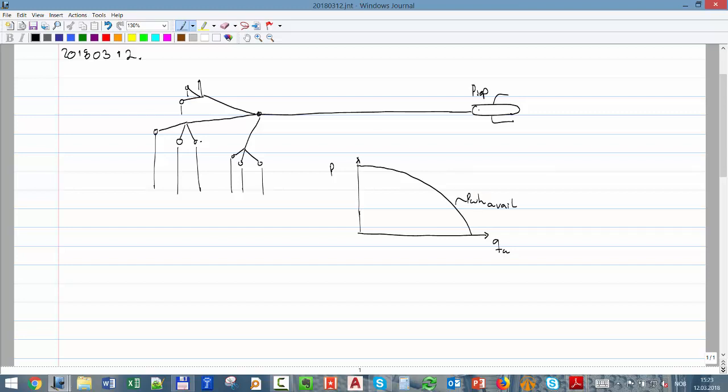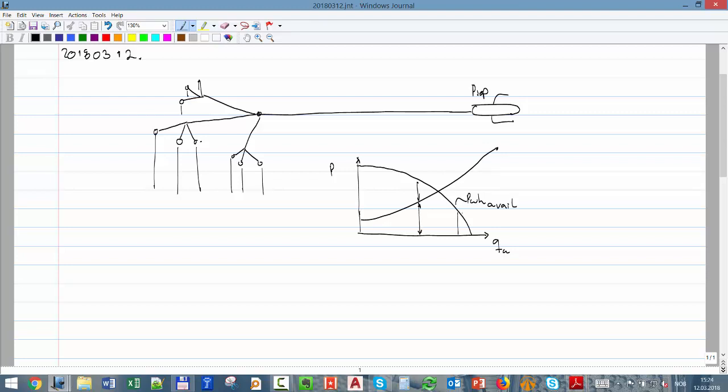And when we look at the pressure required, calculated counter current from the separator, that curve looks like that, right?